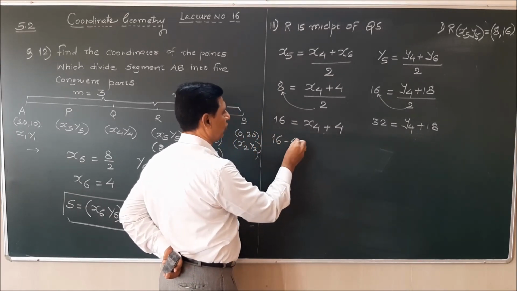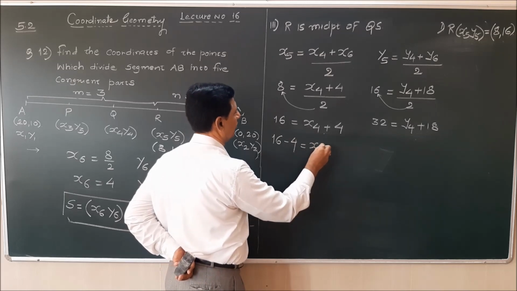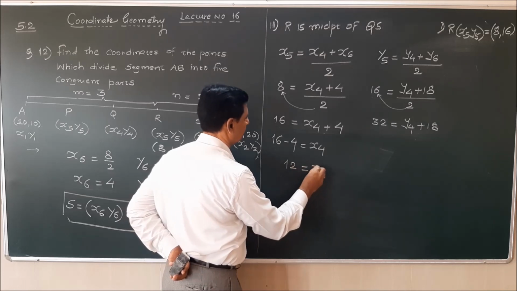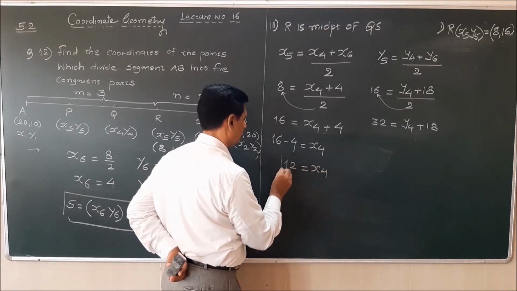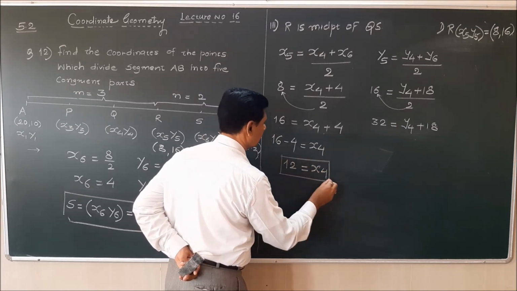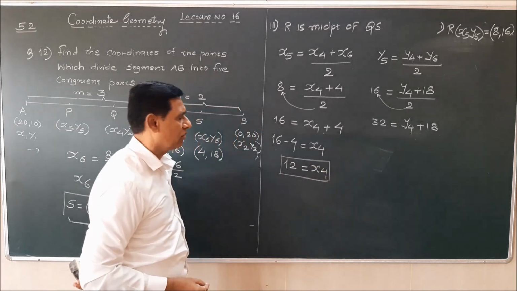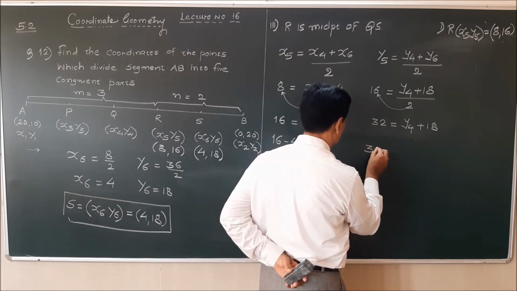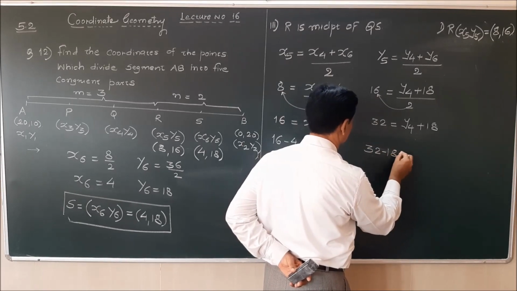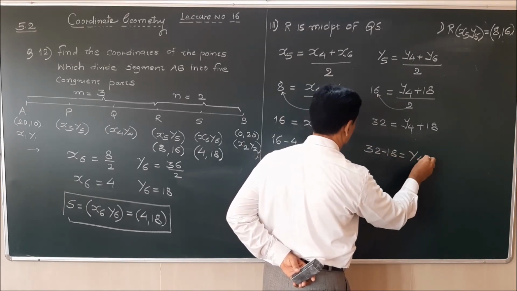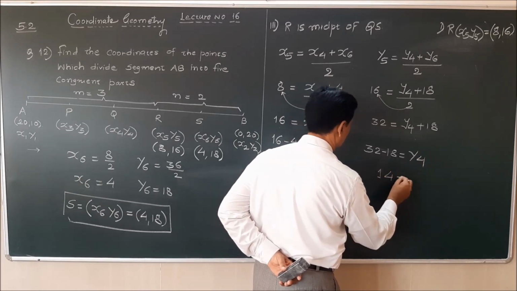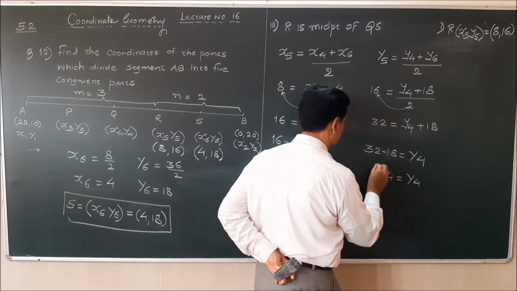16 minus 4, that is equal to x4. So you will find 12 is equal to x4. Got it? The value of x4 is 12. In the same manner, 32 minus 18, that is equal to y4. So y4 is equal to 14.